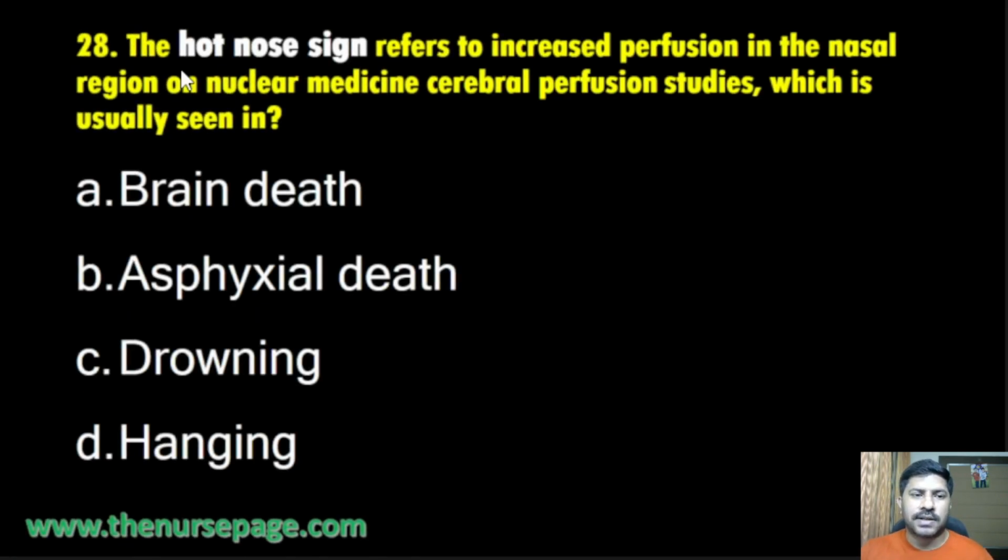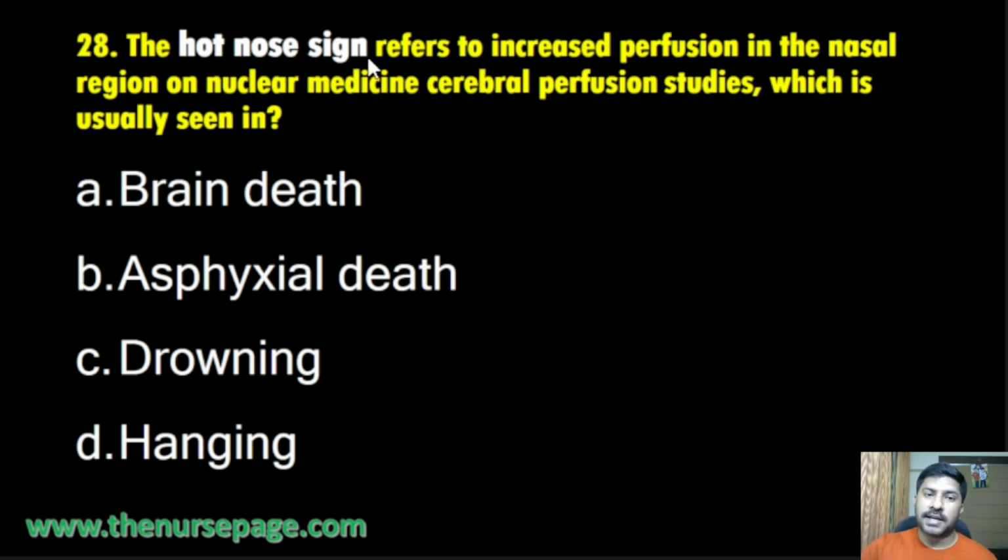And next question, the hot nose sign. The hot nose sign refers to increased perfusion in the nasal region on nuclear medicine cerebral perfusion studies, which is usually seen in.